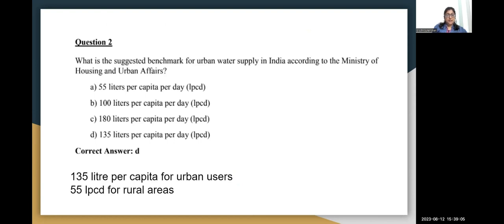The next question is, what is the suggested benchmark for urban water supply in India according to the Ministry of Housing and Urban Affairs?